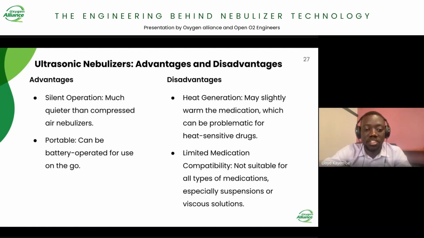Another disadvantage is limited medication compatibility. They are not suitable for all types of medication, meaning that medication with viscous solutions cannot be efficiently nebulized by the ultrasonic nebulizers.